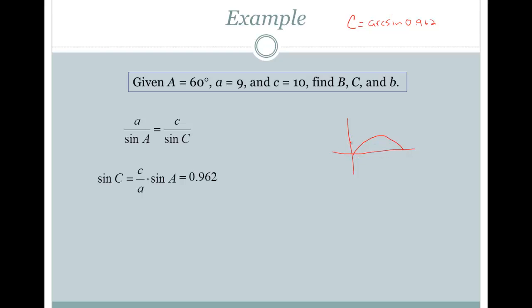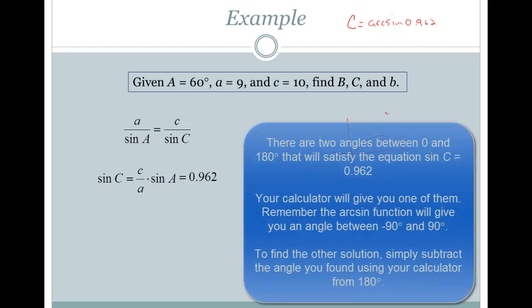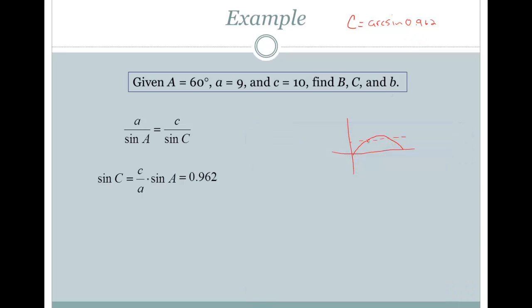If I go across at 0.962, I'm going to hit two different angles that satisfy this equation. Arc sine is only going to give me one of them. Remember, arc sine gives us a value from negative pi over 2 to pi over 2. I want to find that other one too.